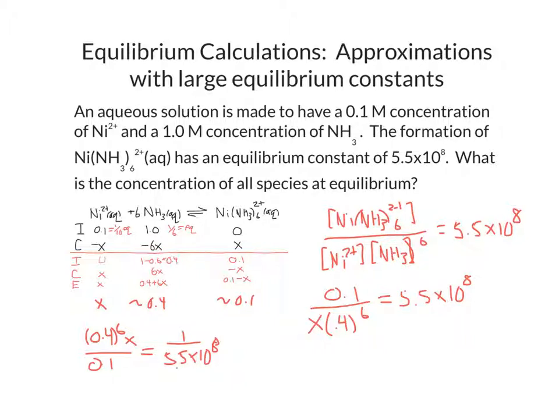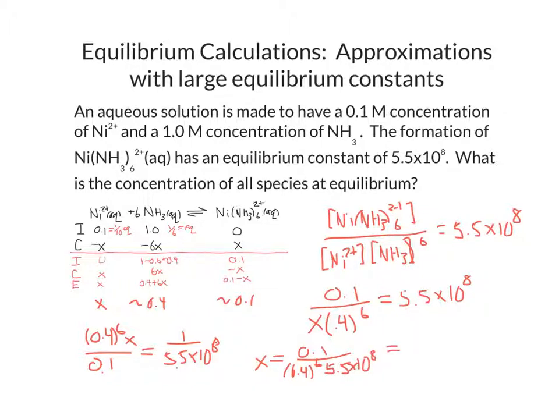And so now I can multiply both sides by 0.1 and divide both sides by 0.4 to the 6th. And so I have X is equal to 0.1 divided by 0.4 raised to the 6th times 5.5 times 10 to the 8th.